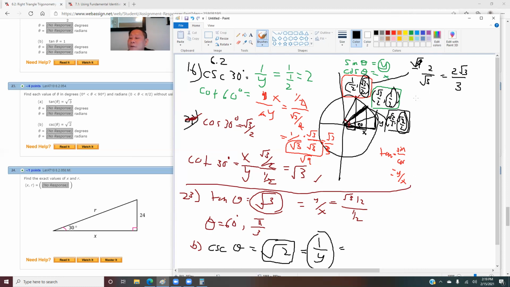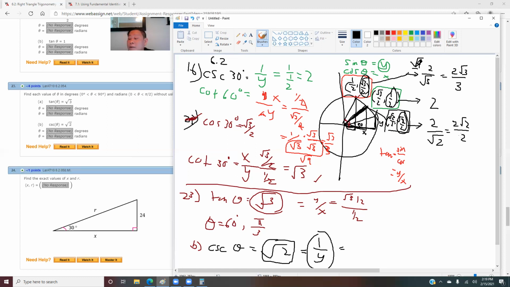And what's the flip for this one? Just 2. And what's the flip for this one? It's 2 over root 2. You multiply root 2 on each side and you get 2 root 2 over 2.